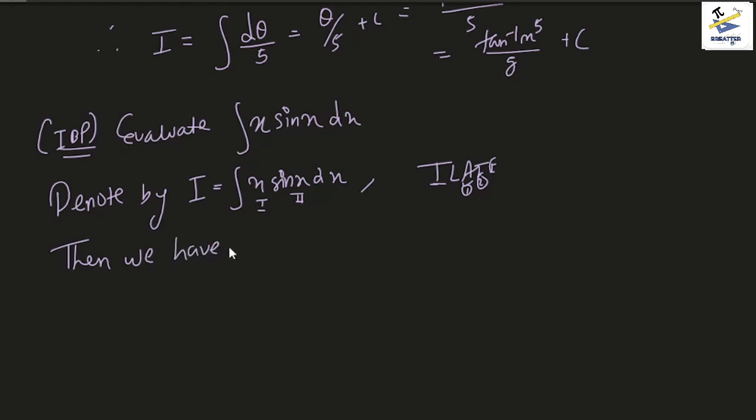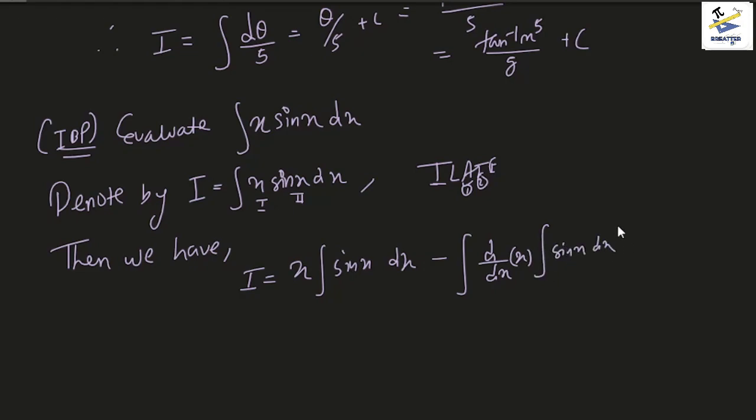Then we have I equals x into integral of sin x dx minus derivative of x, which is d dx of x, into integral of sin x dx, and the whole thing is dx here, right?